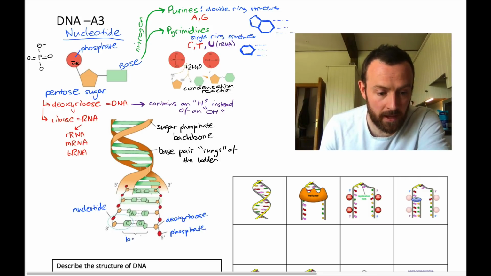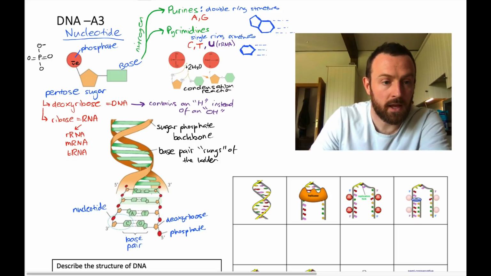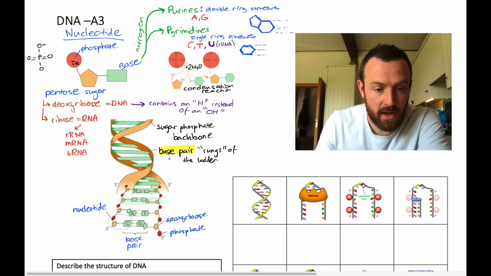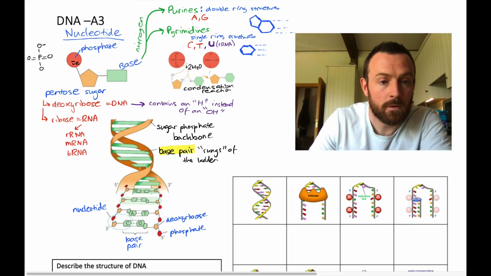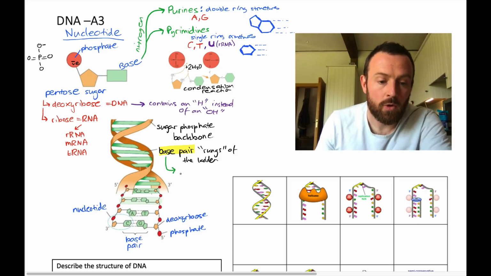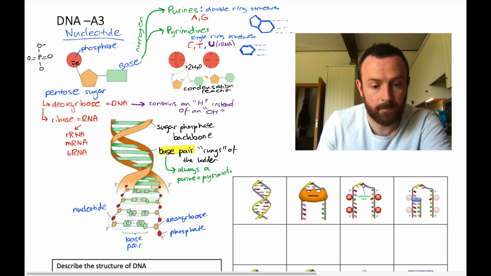Now here is a base pair. Let's talk about the base pair a little bit more up here. Let's analyze what a base pair is. A base pair is always a purine plus a pyrimidine, always.